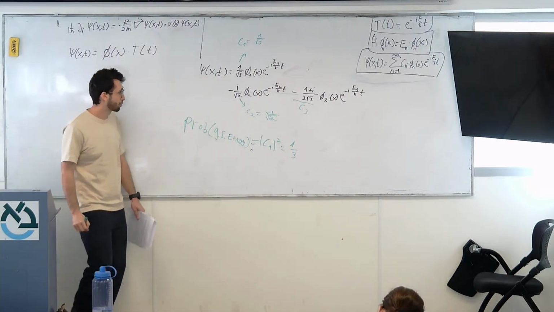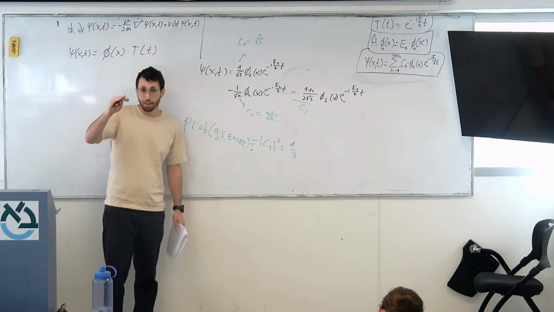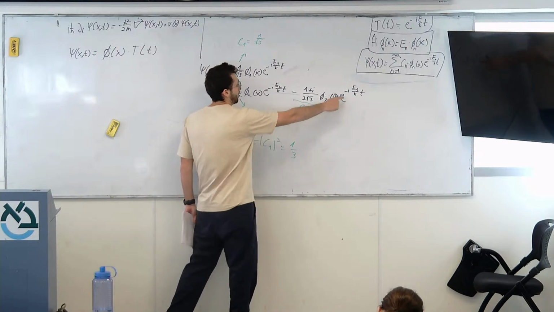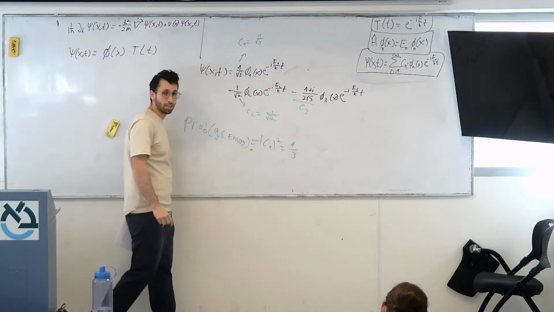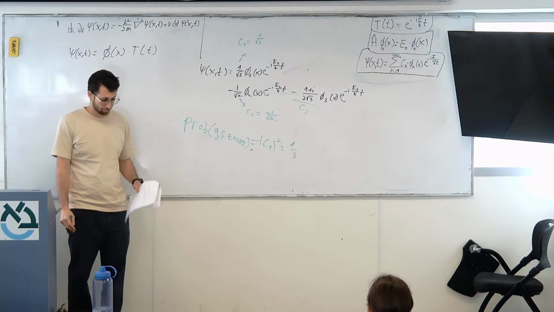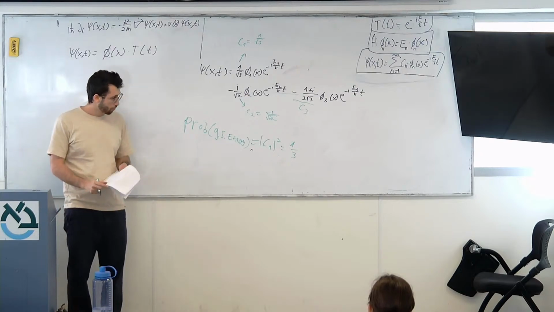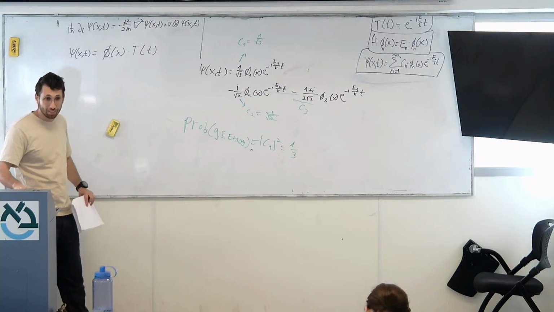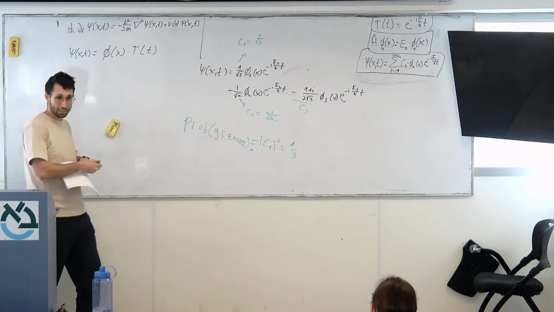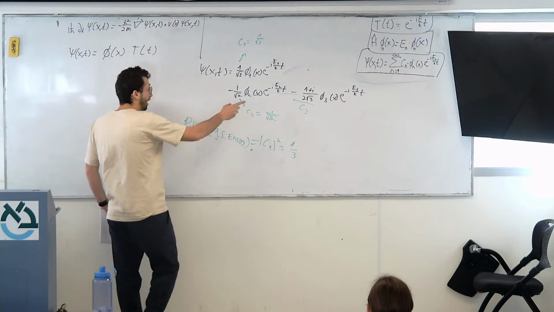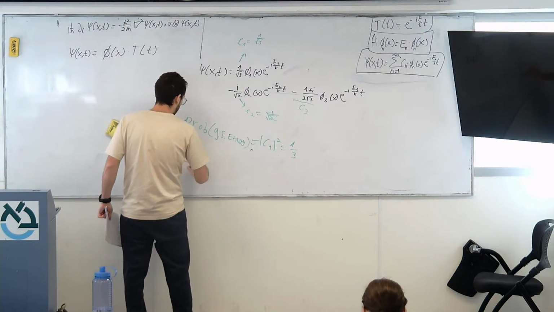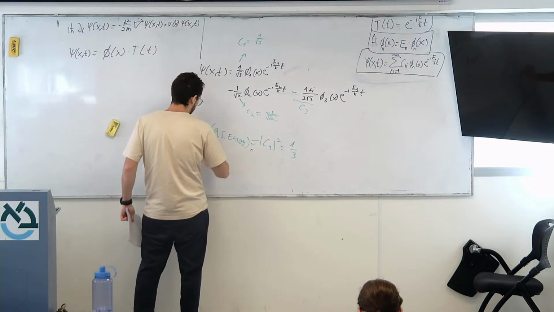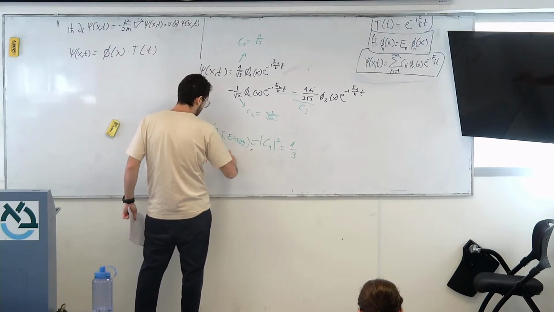Similarly, if we want to ask what is the probability to be in the third energy band, it's just C3 absolute value squared. Of course, if I did it correctly, and this is an actual physical wave function, I will get that the summation from n equals 1 to infinity of Cn absolute value squared is equal to 1.